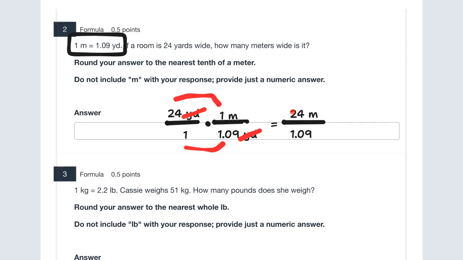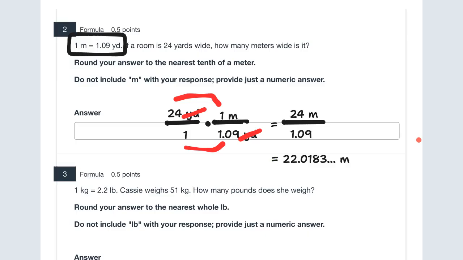So now I grab my calculator. 24 divided by 1.09 is 22.0183 and some change. This keeps going. This is meters.